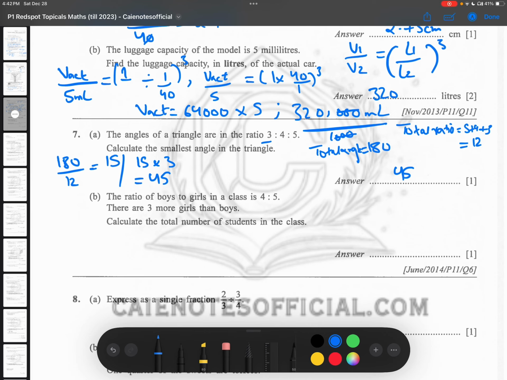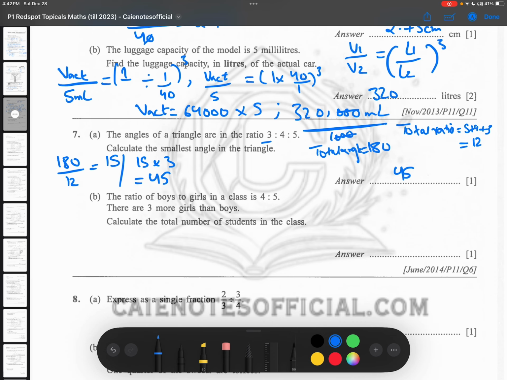Now part B says the ratio of boys to girls is 4:5. There are three more girls than boys. Calculate the total number of students in the class. So we don't know the quantity in one part. The number of parts for boys is 4 and parts for girls is 5.